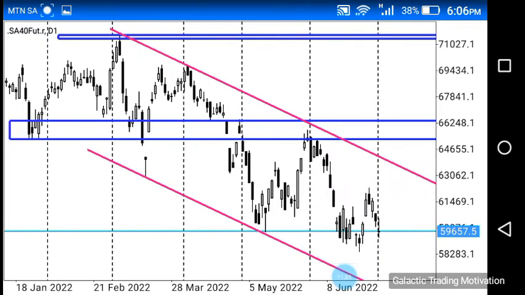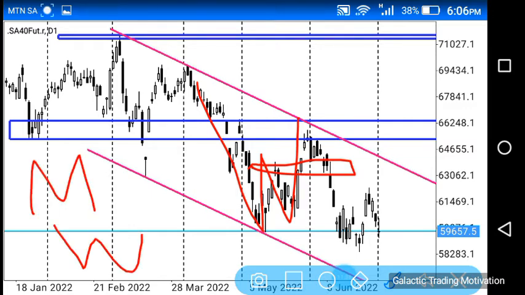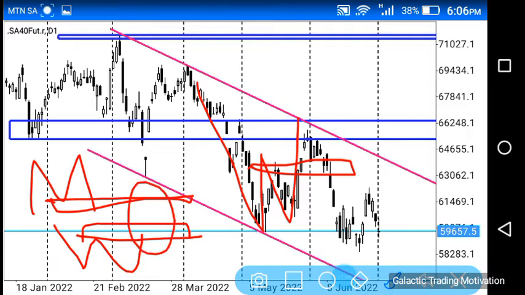What I wanted to say about this W structure is we just needed to make sure that we monitor the situation, because when you have an M structure and a W structure and they both have necklines in more or less the same structure, it becomes very tricky as far as buying or selling is concerned, right?